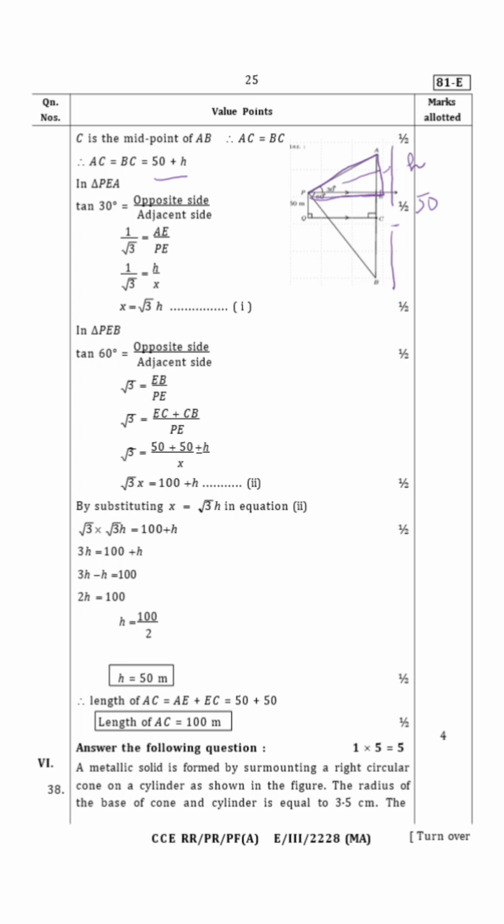By adjacent side, this is the adjacent side. Let this be X. This is PE actually. So tan 30 is 1 by root 3. So 1 by root 3 is H by X. X is equal to, we have to find out this length, X is equal to root 3 H. Let this be equation number 1.